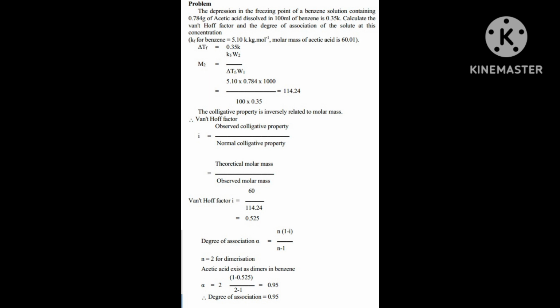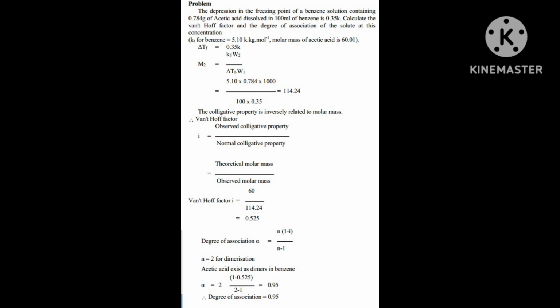Now here you have to apply these things. Here only you have to think. This is the main thing for calculation. It will help you in calculating the i, and also in calculating the dissociation constant of the acid, just like the association constant.